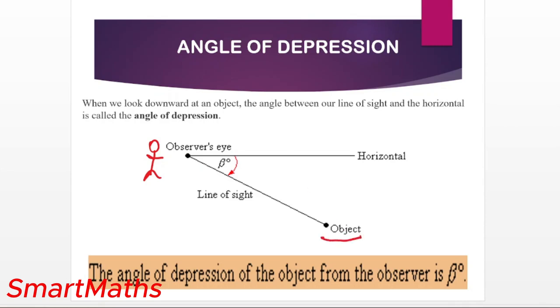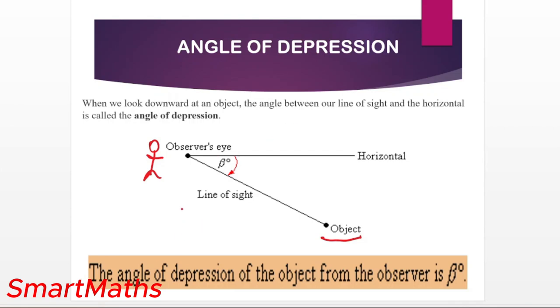The angle you are going to turn, you are going to depress, from the word depress. So you depress your eyes, that is, you lower your head. The amount of turn you make to look at the person below you is referred to as what? Angle of what? Depression. That is, you are depressing. Elevation, you are elevating, you are raising your head up. I hope this is very clear.